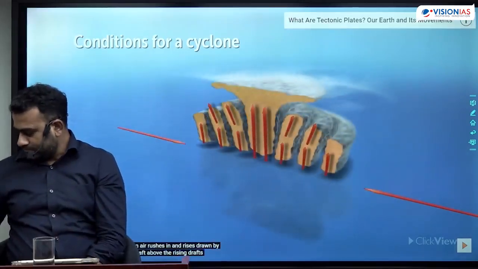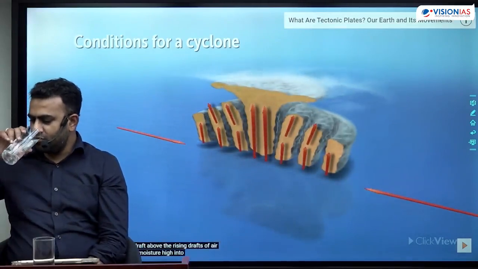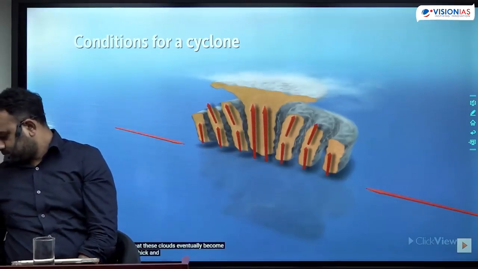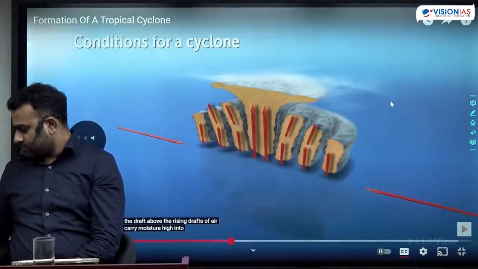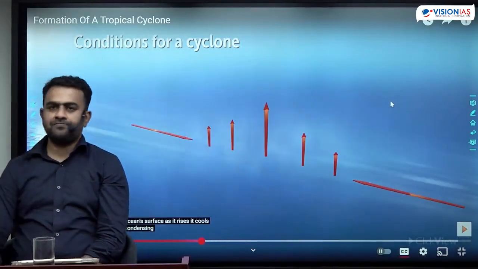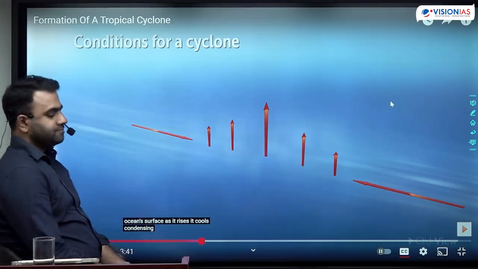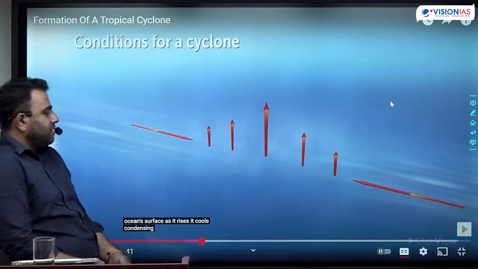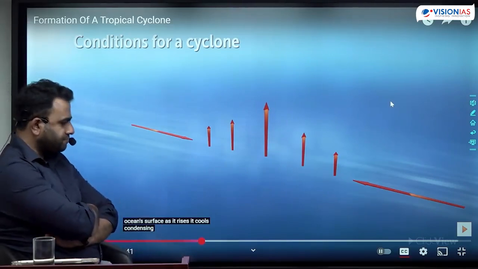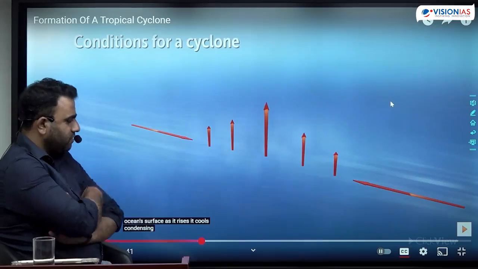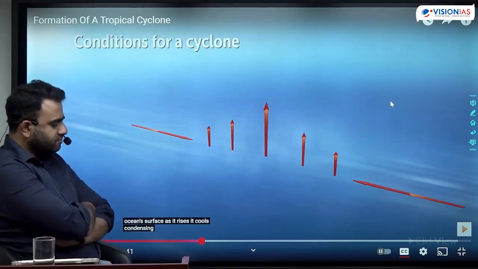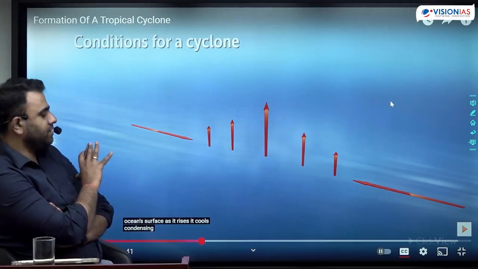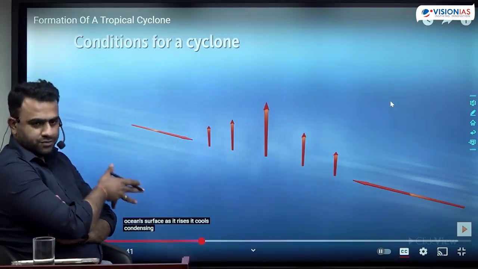The rising drafts of air carry moisture high into the atmosphere, so that these clouds eventually become very thick and heavy. The presence of a large surface area of high temperature with enough depth of warm water, with minimum vertical wind shear, enough Coriolis force.